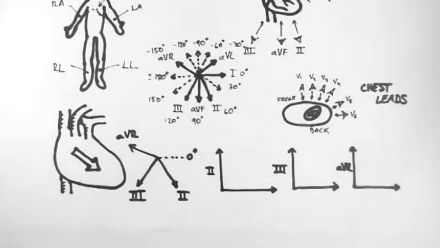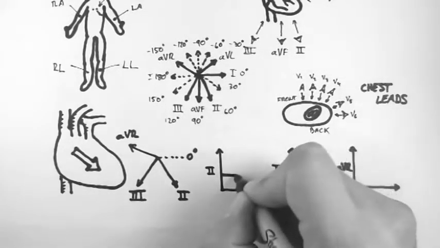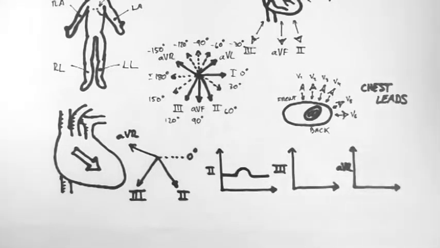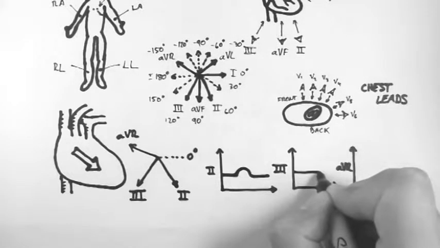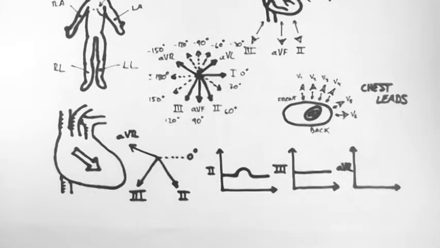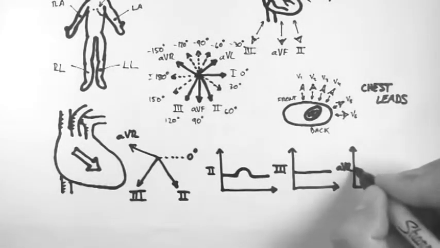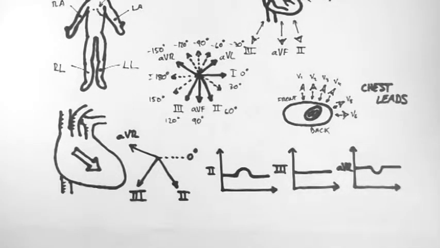So because lead 2 is roughly the same direction as the depolarization, the wave on the graph will look like this. Because lead 3 is perpendicular to the direction of depolarization, there will be no change in the graph. And finally, because AVR is in the direction opposite to the direction of depolarization, there is an inverted wave or a downward deflection.